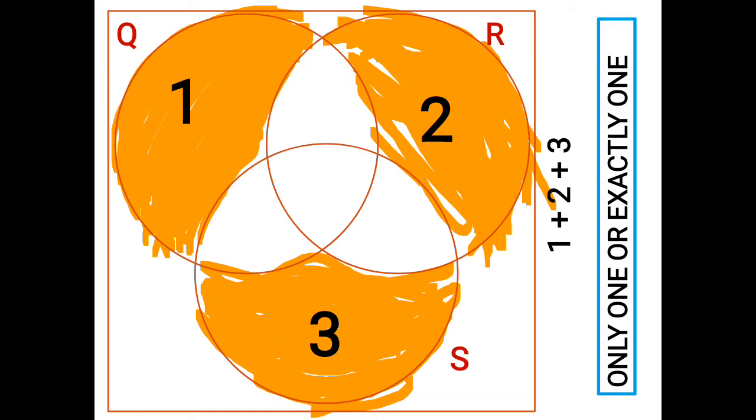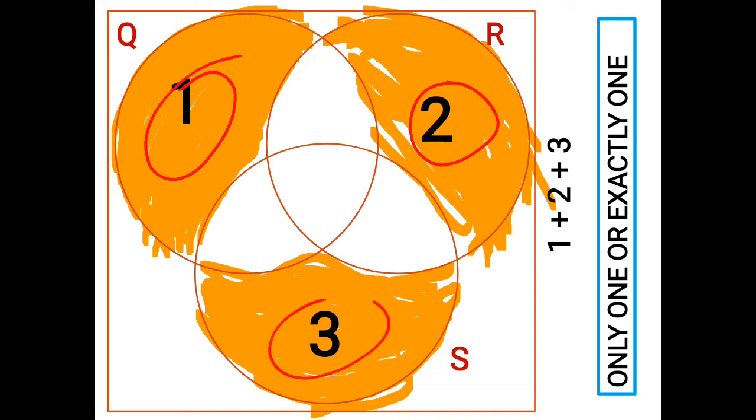when you are asked to find only one subject, exactly one subject, those who play only one game, exactly one game, exactly meaning only. Exactly one, only one. So exactly one subject, only one subject, meaning pick the only-one sides. Region 1 is only Q, region 2 is only R, region 3 is only S. So you pick them, then you add them.